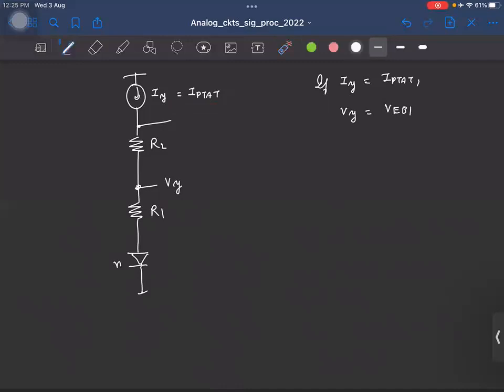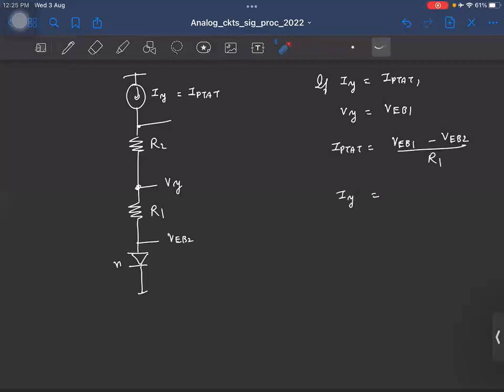So let me write that here. What is IPTAT? IPTAT is VEB1 minus VEB2 by R1. Now, in general, if this current is IY, if this voltage is Vy, and this is say VEB2, what is IY?